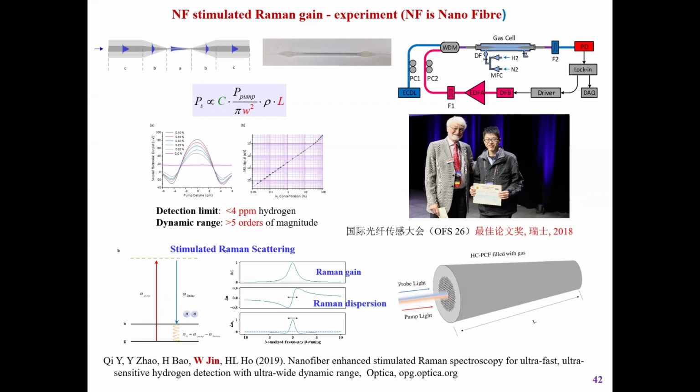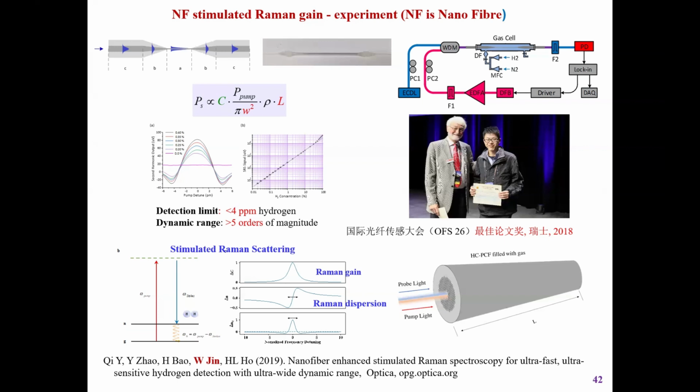You can put it together as a sensor with some holes. The gas can go inside and contact this part, then you put a laser in. After the gas contact, the laser comes out and they do spectral analysis. They can identify different gases and also the concentration.